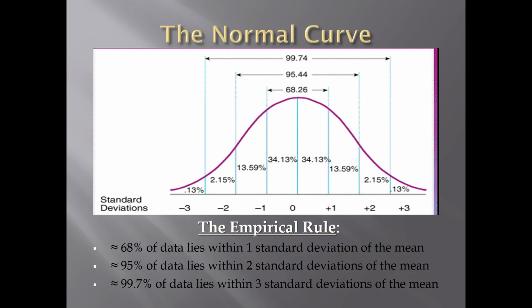All right, so I am an ugly artist, so here's a much better picture of what the normal or bell curve looks like. Now, with a bell curve, normally distributed data, notice it is bell-shaped, and notice how the purple curve doesn't ever actually touch the horizontal line below.